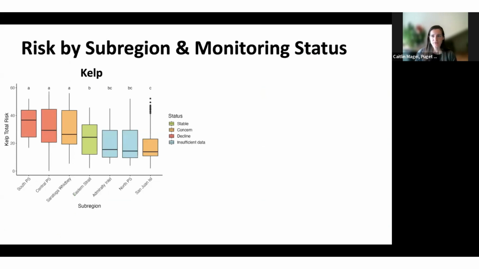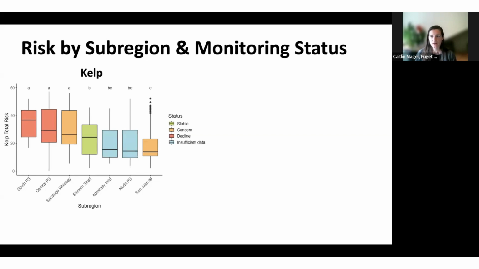So this plot shows the values of total risk to kelp from each of the pixels in those subregions. And the subregions along the horizontal axis here are ordered from highest risk to lowest risk. The letters A, B, and C above the bars indicate statistically significant differences between the groupings. And the colors of the bars relate to the monitoring status from the vital sign indicator.